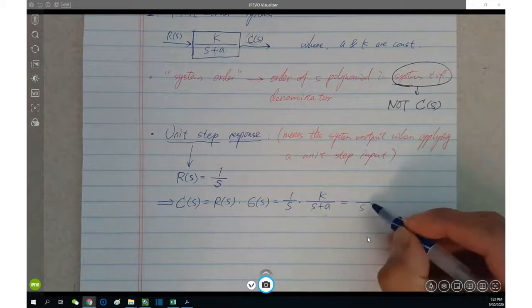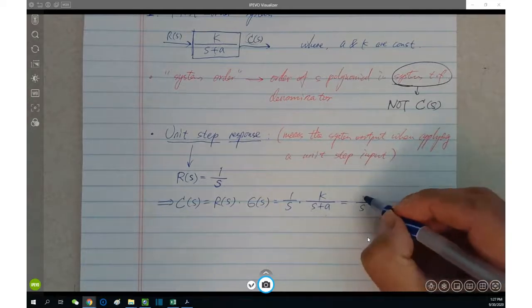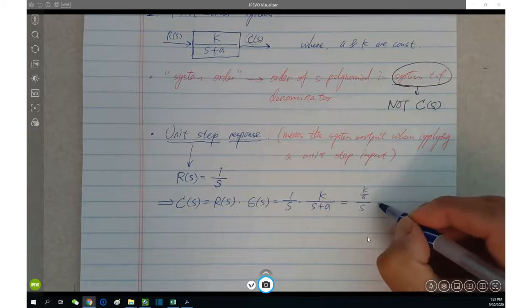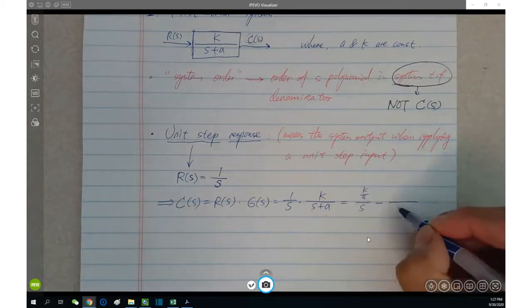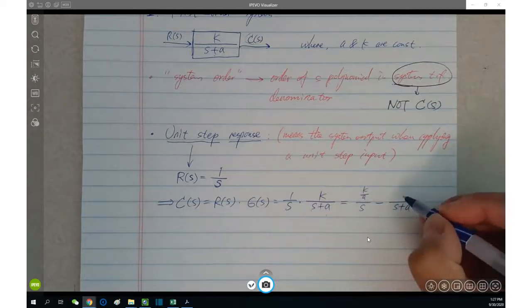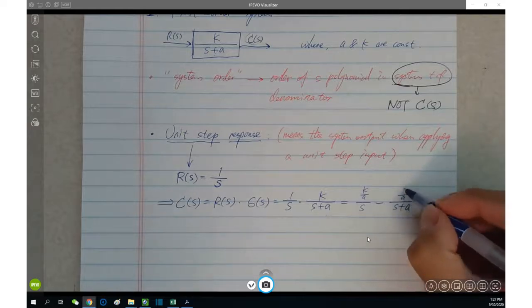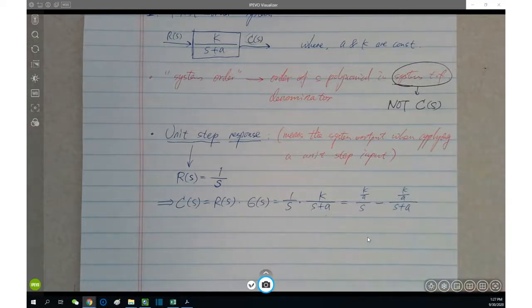This one is easy. I'm skipping the middle step and directly presenting the result of the partial fraction: a constant divided by S plus another constant divided by S plus a.